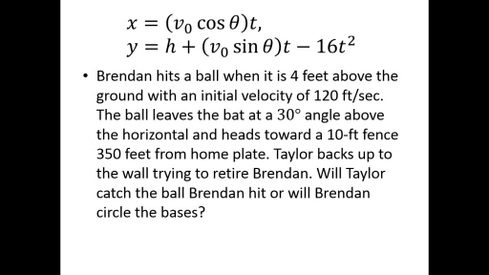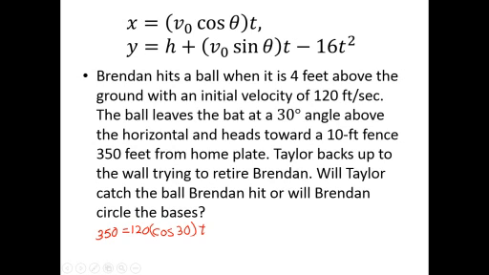If we look at this, what we'd want to do is find how long it takes for that ball to travel 350 feet horizontally. So we're going to go up to this equation at the top, and we're going to go 350 equals our initial velocity, 120 feet per second, times the cosine of 30, times t.